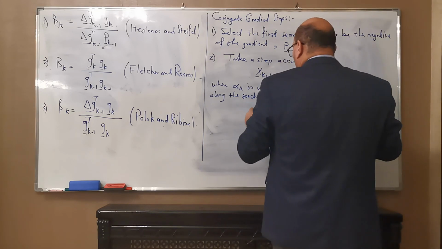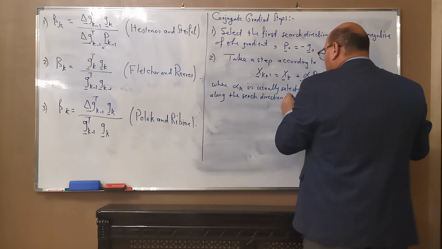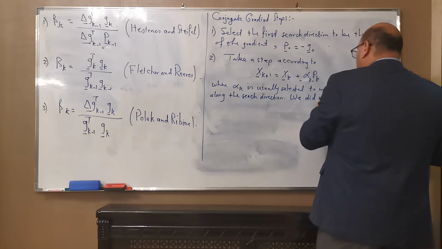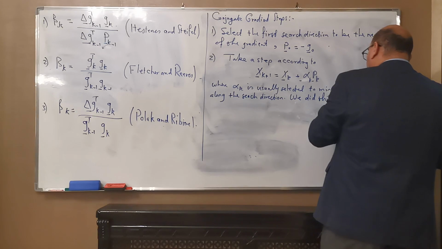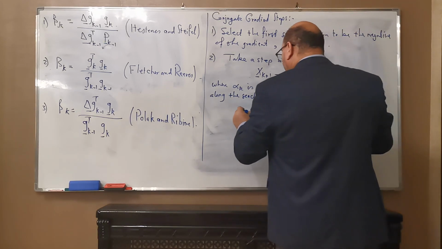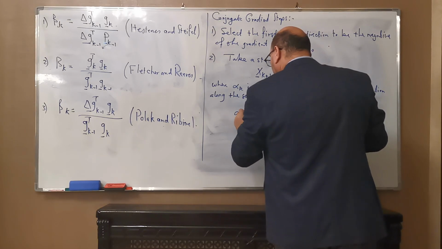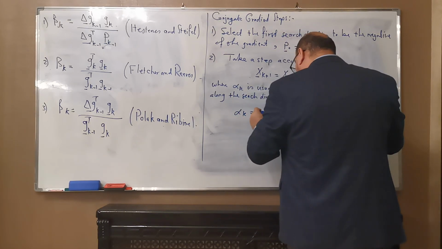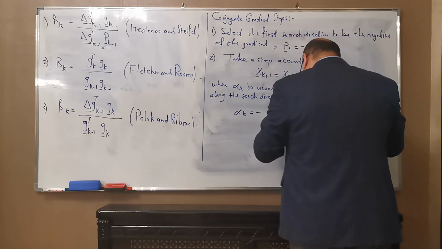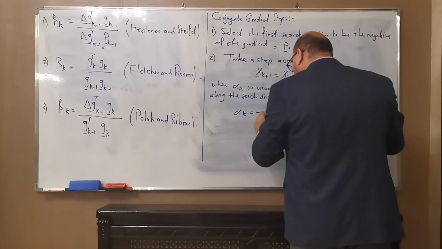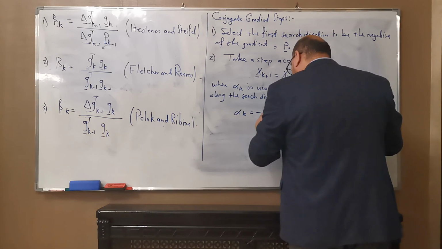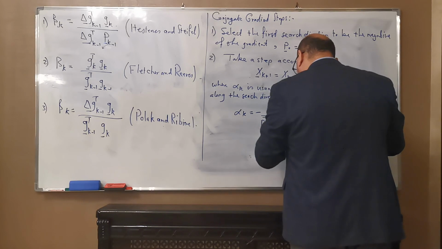We did this previously, and we found that alpha k equals minus gk transpose pk over pk transpose A pk.